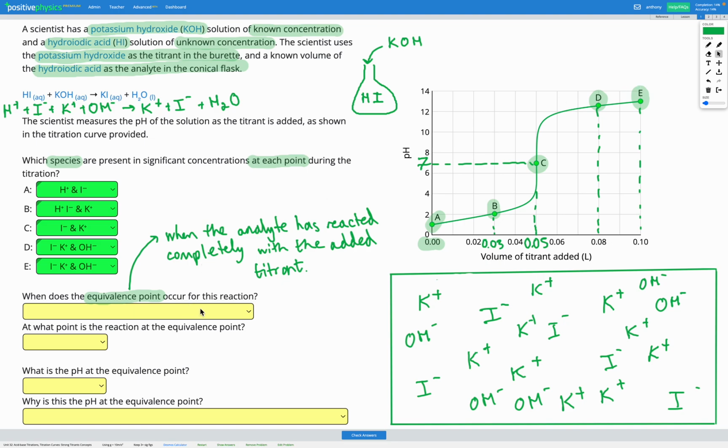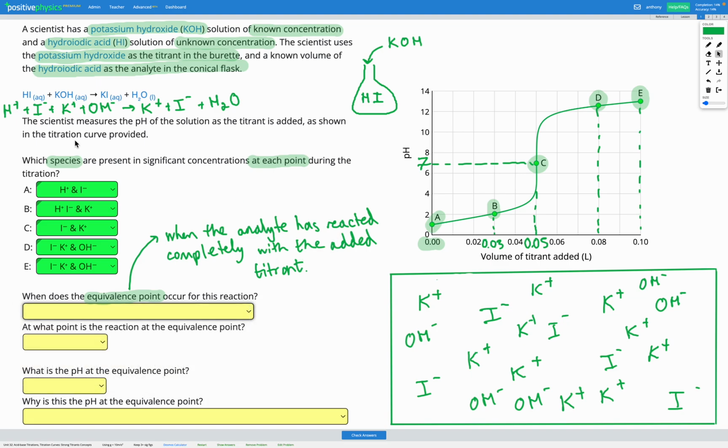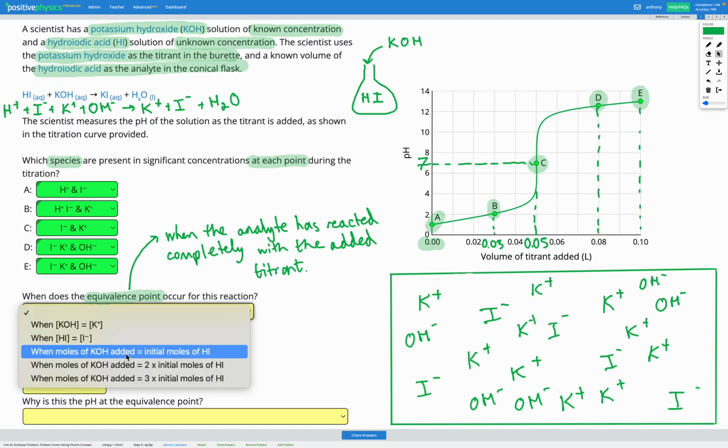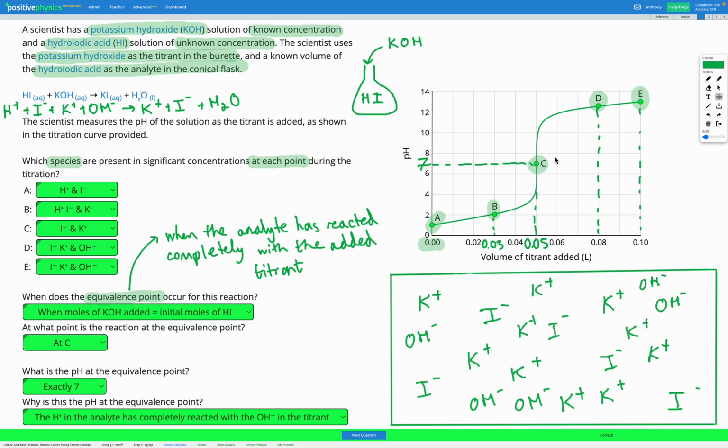So when does the equivalence point occur? Well, we know it's going to occur when the amount of analyte is the same as the amount of titrant that was added. And in this question, since we have a 1-to-1 ratio of acid to base in our reaction, we need the number of moles of KOH added to be equal to the initial moles of HI. That point is point C on this diagram.